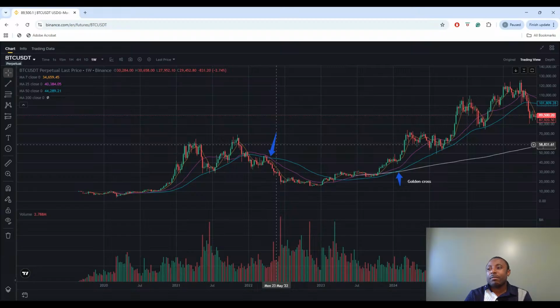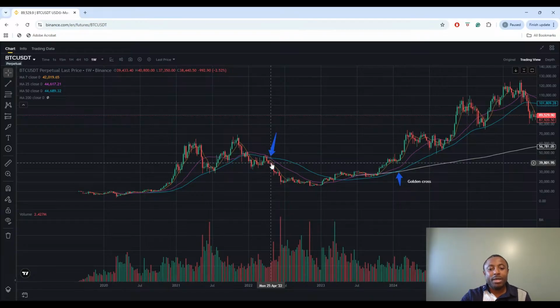That means a period of price drop. So at this cross, the price is around 40,000. You say, okay, I'm seeing some signs on the chart and it's not looking good. How do I know that? Because the moving average just crossed.